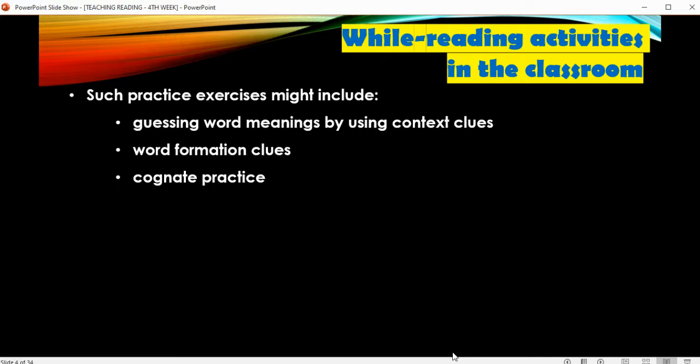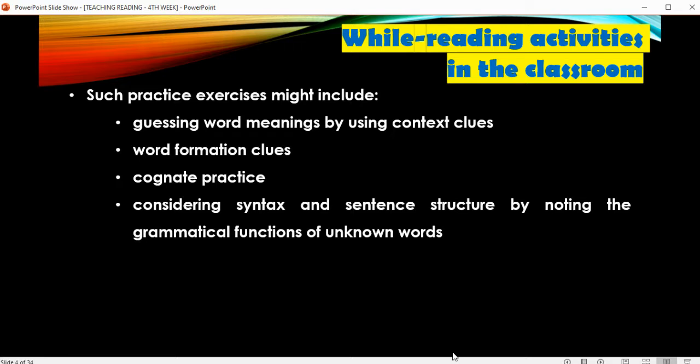Now, the next exercise that we could find in this stage is considering syntax and sentence structure by noting the grammatical functions of unknown words. So remember, syntax is related to the sentence structure. So we are going to analyze the sentence structure.